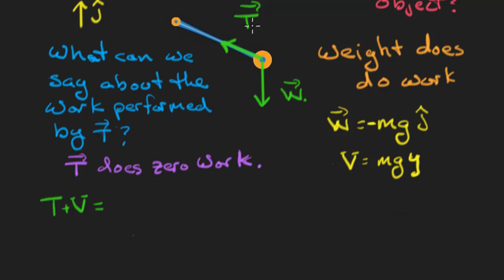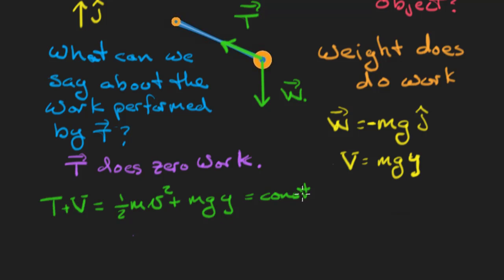That one was tension. This T is kinetic energy, which is 1/2 m times speed squared, plus the V, which is m times g times the height, the elevation, I'm going to call it y. This thing is constant. It is conserved along trajectories of the system, along solutions of the system, right?